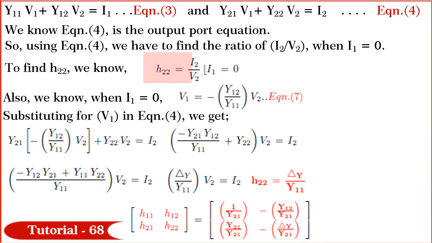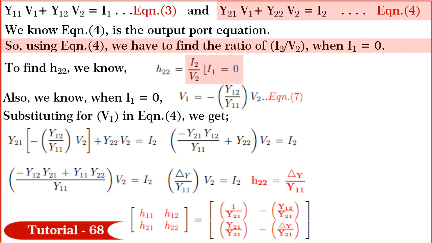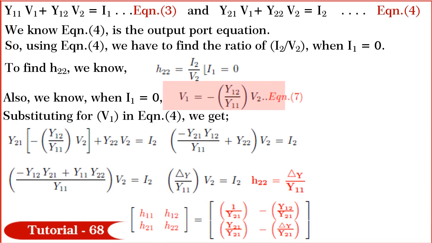Now, to find H22, we know that equation 4 is the output equation. So, using equation 4, we have to find the ratio of I2 divided by V2 when I1 is equal to 0. Also, we have already found V1 when I1 is equal to 0, and that is equation 7.